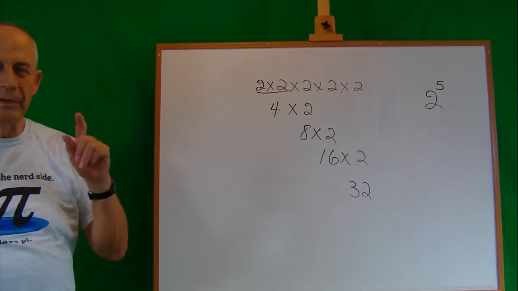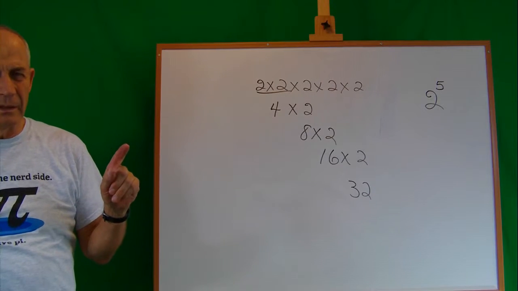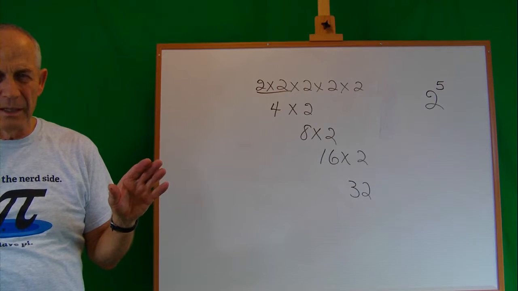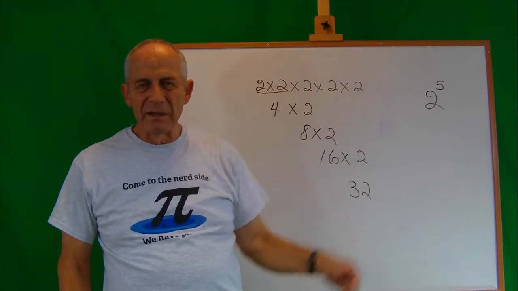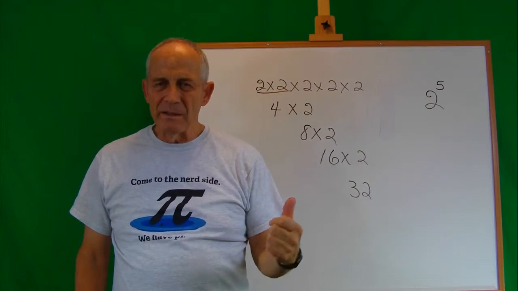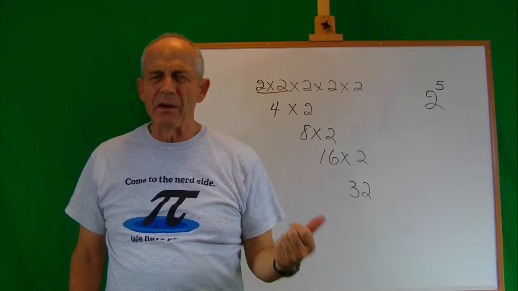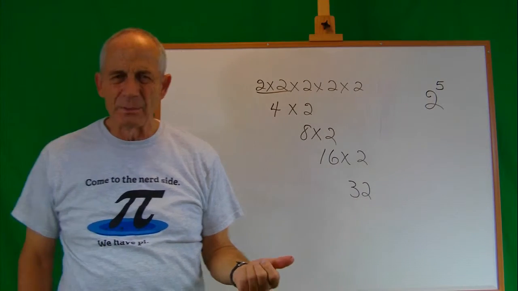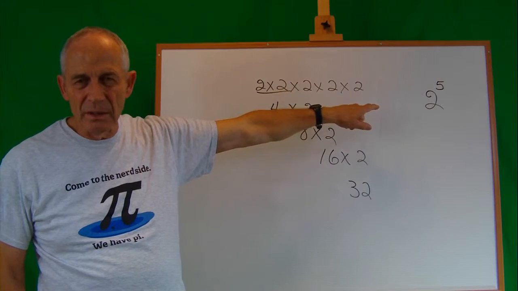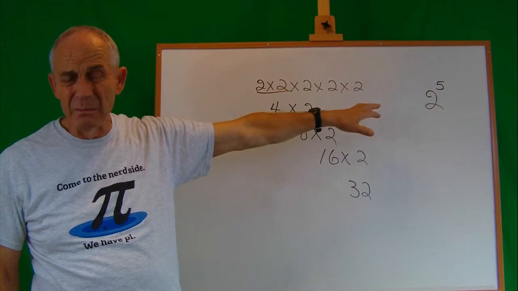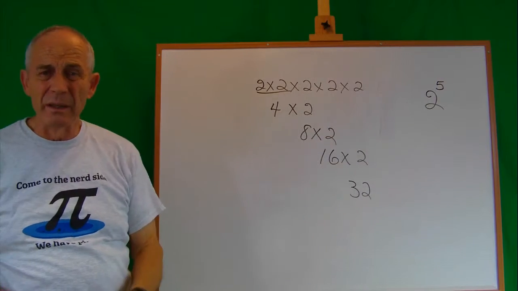Now, this is something that's really important. It's easy to get mixed up on it if you're not careful. This 5 that we have over here, the only connection at all that it has to this problem is to tell you how many times you multiply that base number, the base number you're working with.